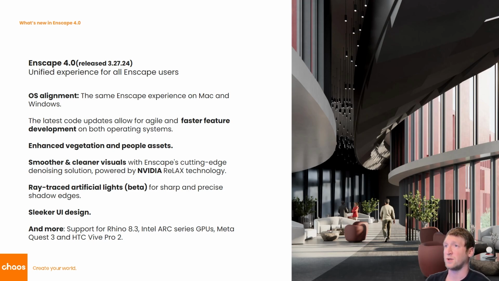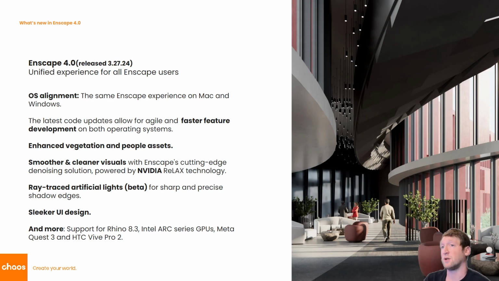So for Mac and Windows, now they share 95% of the same experience. The other 5% is hardware limitations on the Mac computer. But 95% of the features that you see inside the Windows version are now on the Mac version as well. So it's one unified code base now. This is going to allow for more agile and faster feature development for both of the operating systems.